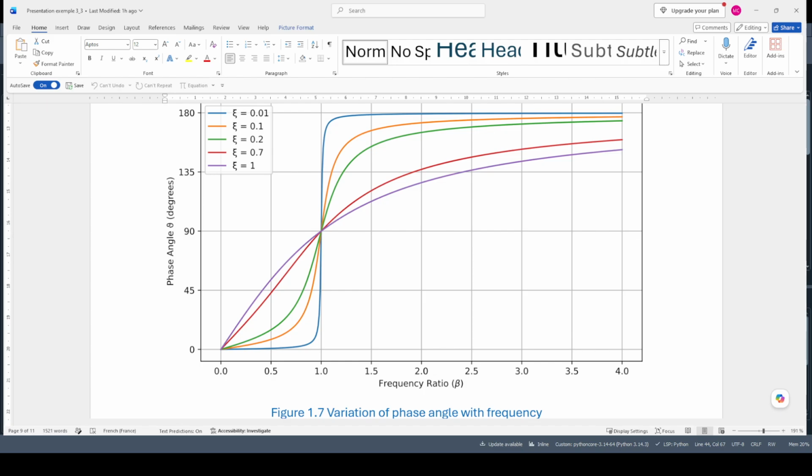And we can see that for frequency ratio less than 1, the phase angle is close to 0.